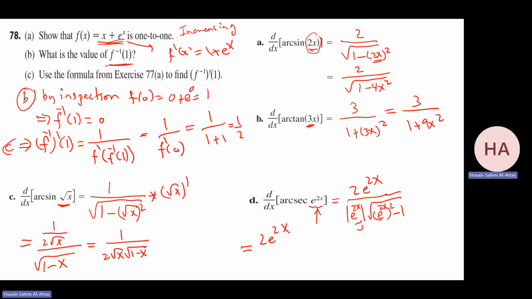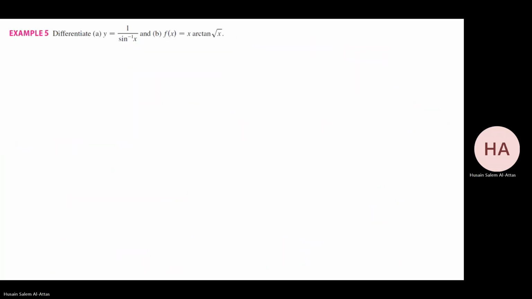This is always positive, so I can take it out, times the square root of e to the 4x minus 1. So the answer is this is cancelled, and that will give me 2 over the square root of e to the 4x minus 1. Okay.